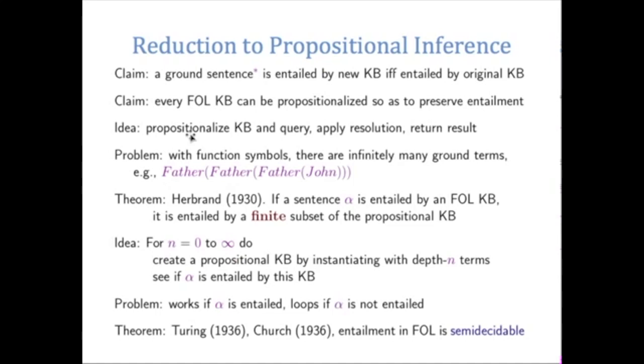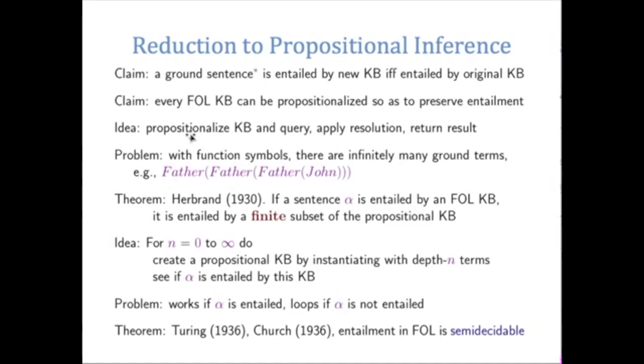But if alpha is not entailed, it loops. In other words, if a sentence alpha is entailed by a first-order knowledge base, it's entailed by a finite subset of the propositional knowledge base. But unfortunately, if it's not entailed, the proof may not terminate.